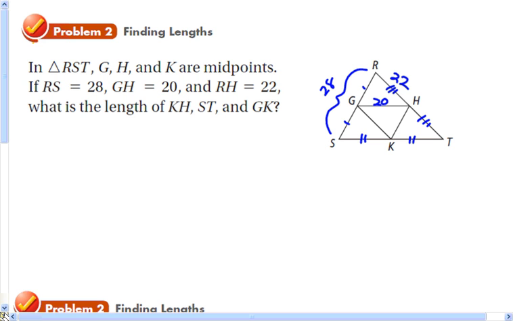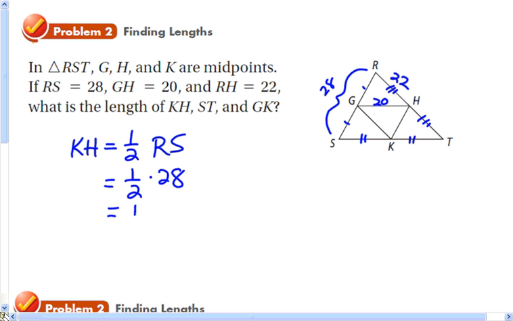We know that KH is equal to 1/2 RS, and so we can substitute for RS. We know RS is 28. Half of 28 is 14, so KH is 14.